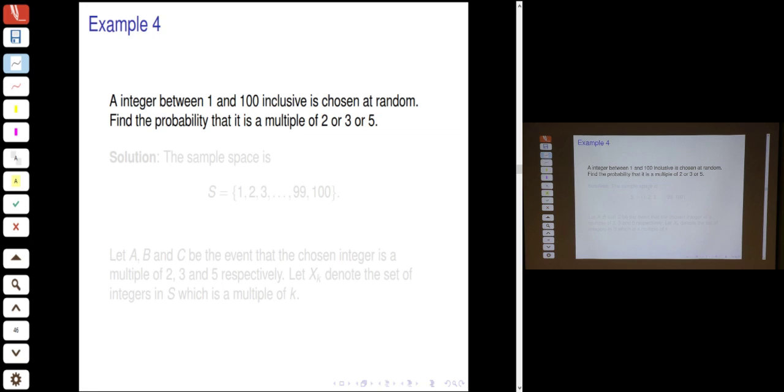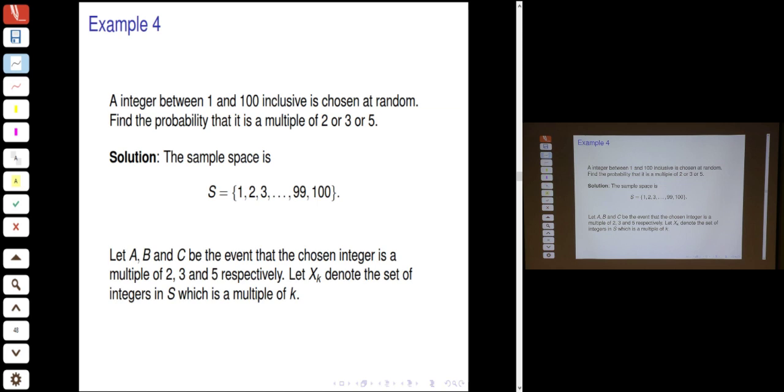So you draw a number from 1 up to 100, and you want to find the probability of a number which is a multiple of 2, or a multiple of 3, or a multiple of 5. Let's follow the definition. The sample space is from 1 to 100, so the size is 100.